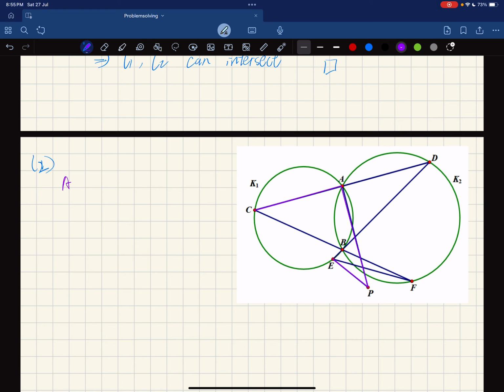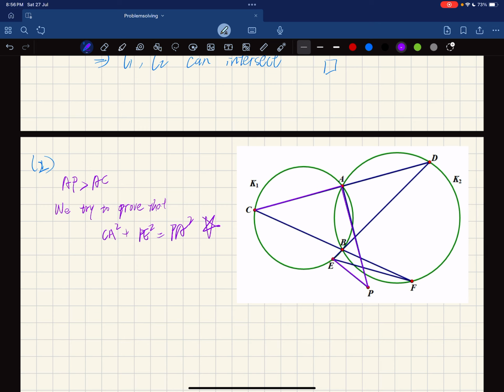You might find that AP is obviously larger than AC. So we try to prove that CA square plus PE square equals to PA square. So that's what we want to have.